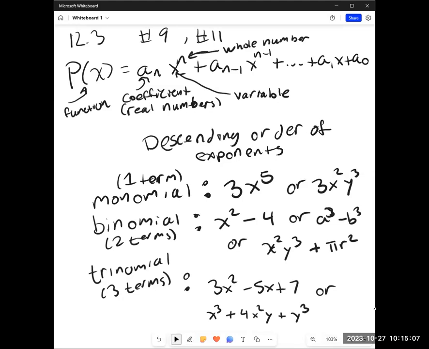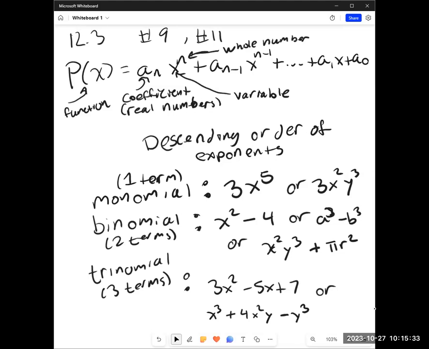Anything that you want like that. Here, let's make this one minus, just so you see that they don't always have to be plus signs, that it's going to have 3 terms. A polynomial can have any amount of terms that we want. Poly means many, so it can have as few as 1 term. It can have as many terms as you want.